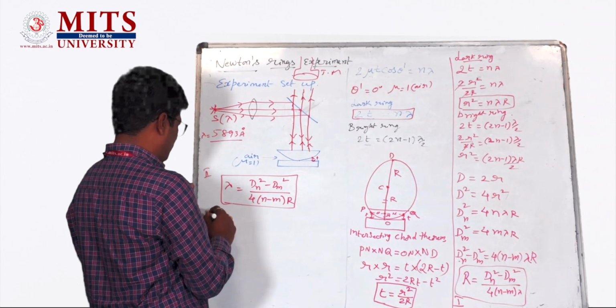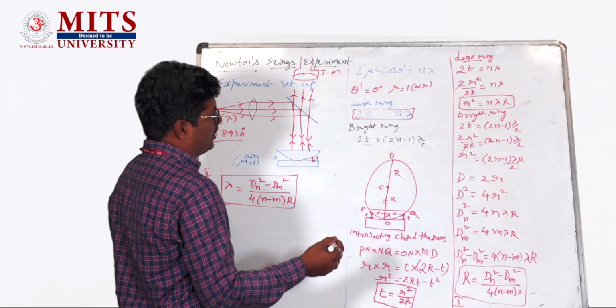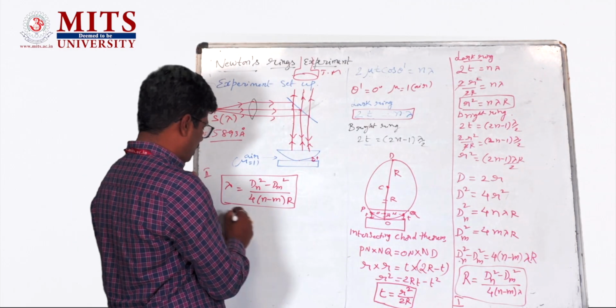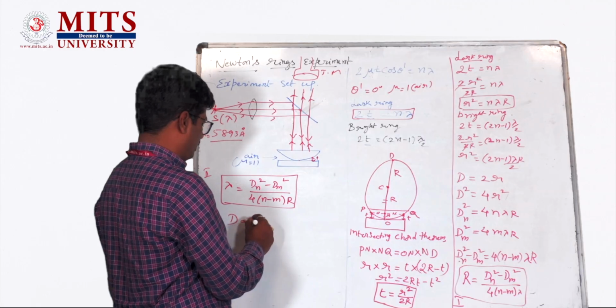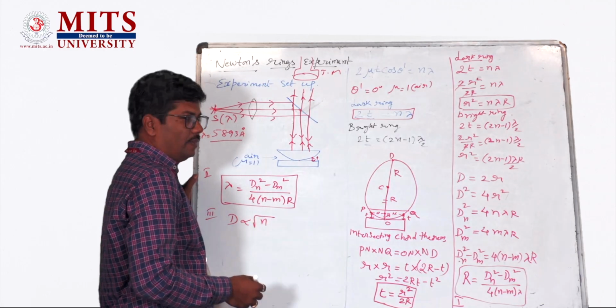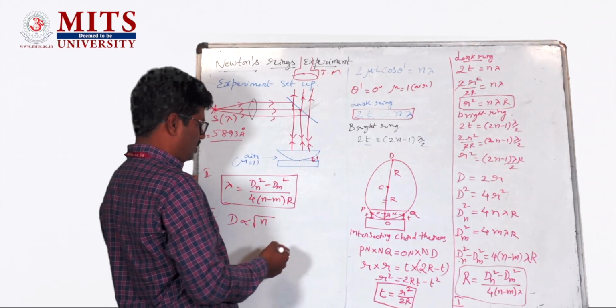This is the number one part of it, and this is number two. The number three part is that I can show the diameter of the dark ring is directly proportional to the square root of natural numbers. How can I do that?